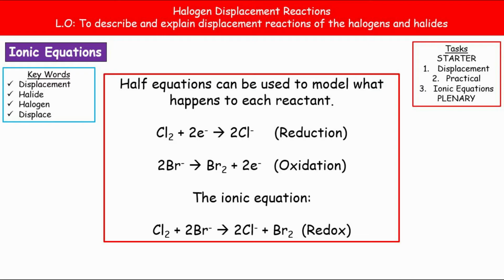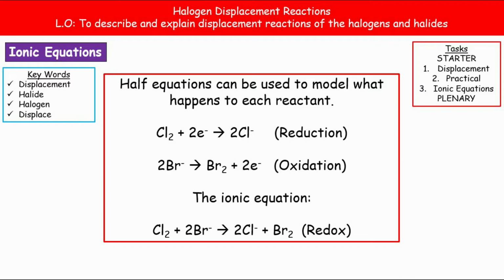So if we look at our chlorine first of all, the top one, we start off with chlorine, which is a diatomic molecule, Cl2, and in order to form chloride ions, each chlorine atom has to gain one electron.